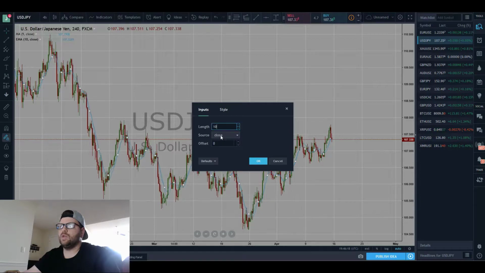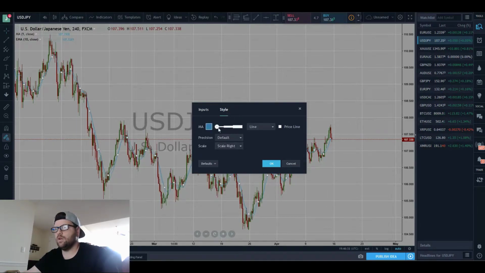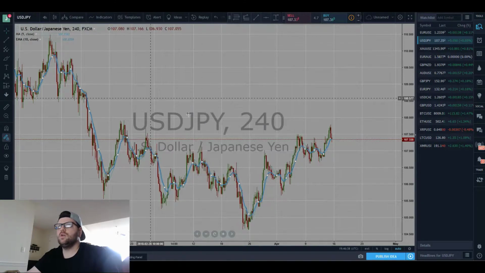We are going to base this off of the candle close. You do have a couple options here: the high, the low, the open candle, and then all of these down here, which I don't mess with. I always want to keep this on close. Personally, that's how I do it. We're going to make the line a little bit thicker, and you don't have to worry about any of these.